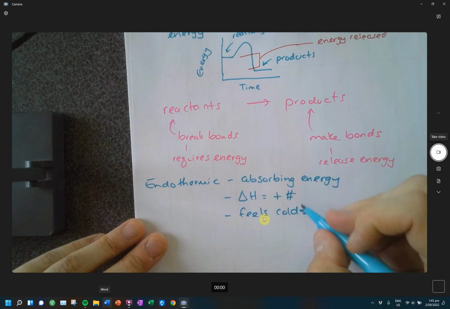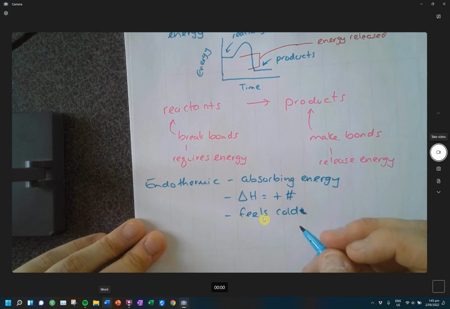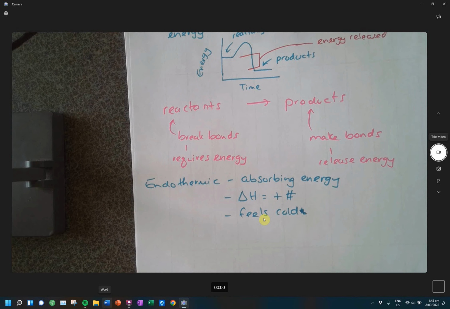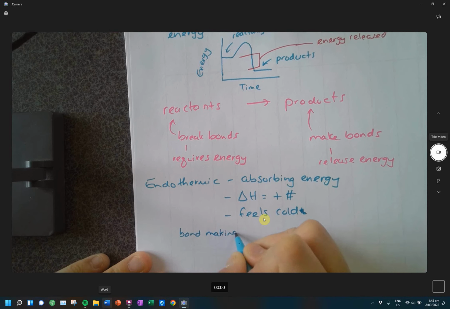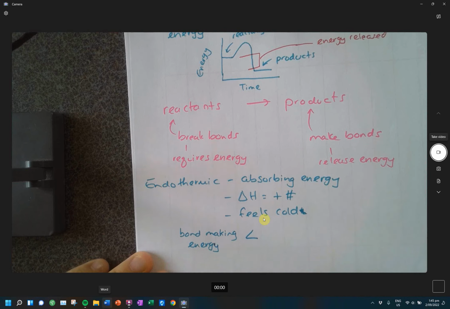And if I was comparing bond making versus bond breaking, which one would be greater? Bond breaking. In this case, we change the sign so that it's the bond breaking energy. So I need to put quite a lot of energy in there.